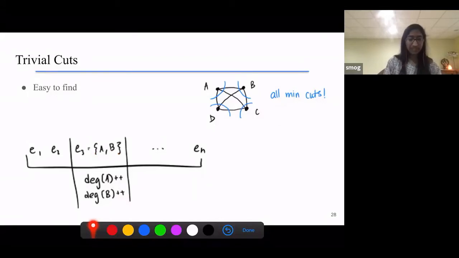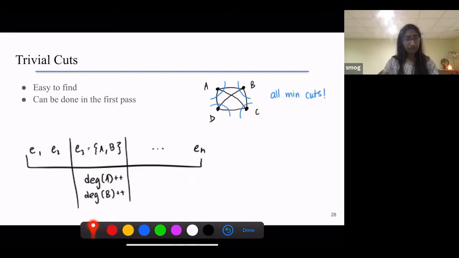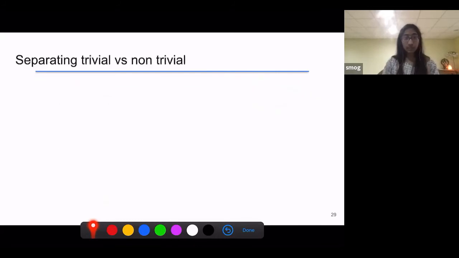So in this case, if we get edge AB, we just increase the degree of A and we increase the degree of B. And at the end, we should be able to find the size of all trivial min cuts. And we can just do this in the first pass, right? So the problem of finding the min trivial cut we can do immediately in the beginning and be done with it. So what we're going to do then is separate our problem of finding trivial and non-trivial min cuts.